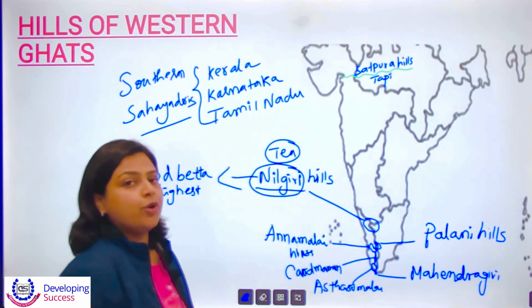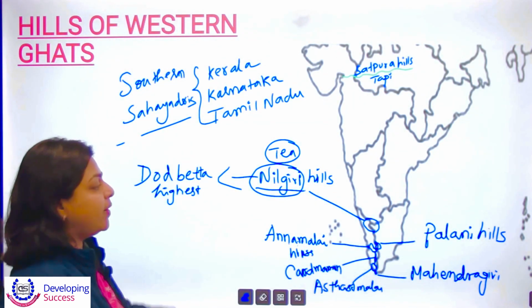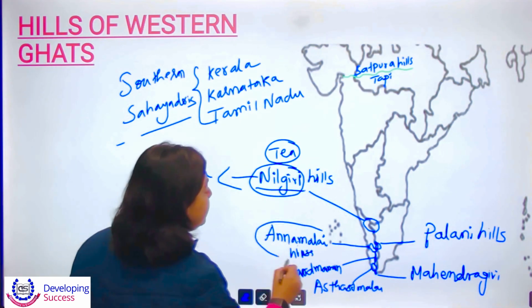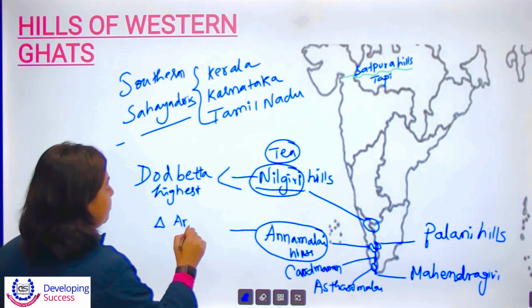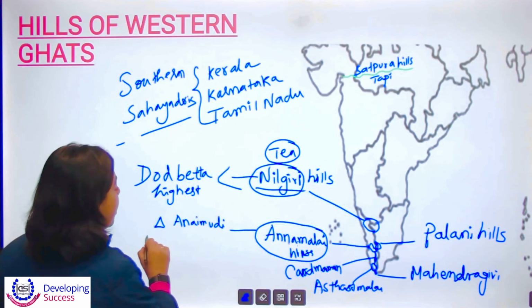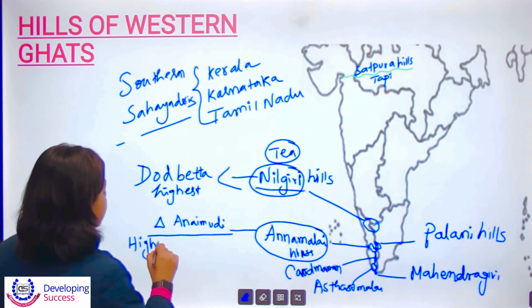I'll repeat it for you, don't worry. The first hills are the Nilgiri Hills, highest peak is Doda Beta. Second is Palani Hills, third is Annamalai Hills. In the Annamalai Hills, we have the peak by the name of Anemudi. Anemudi is the highest peak of Western Ghats.